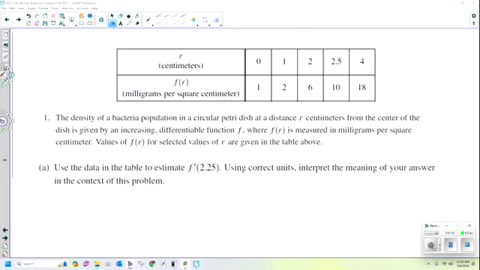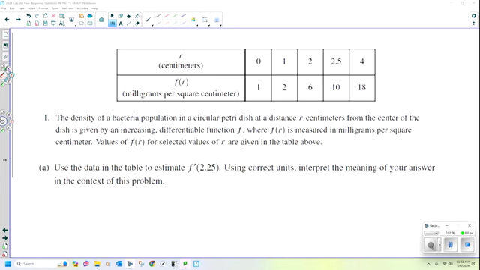They gave us a table. Love me tables and charts and graphs. Oh my. So, number 1 says, the density of bacteria population in a circular petri dish at a distance r centimeters from the center of the dish is given by an increasing differentiable function f, where f of r is measured in milligrams per square centimeter.